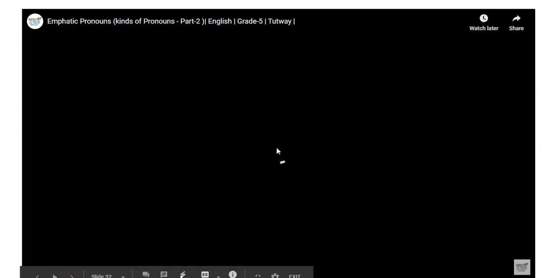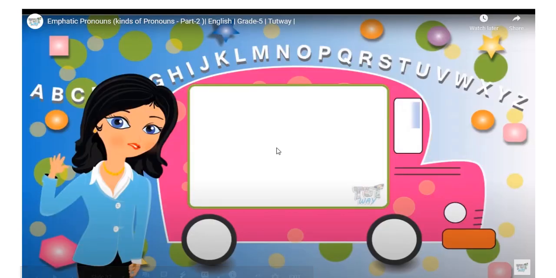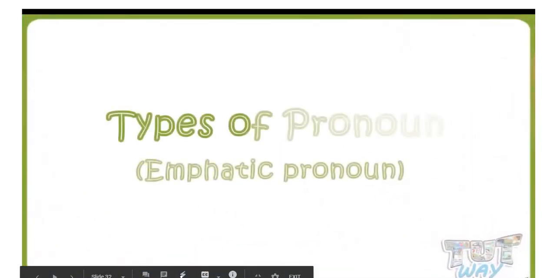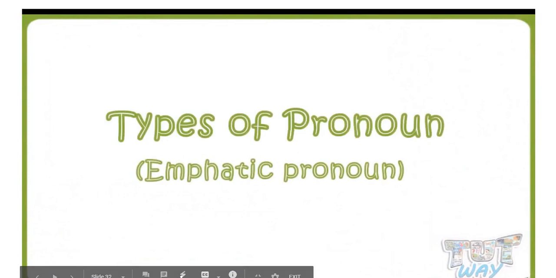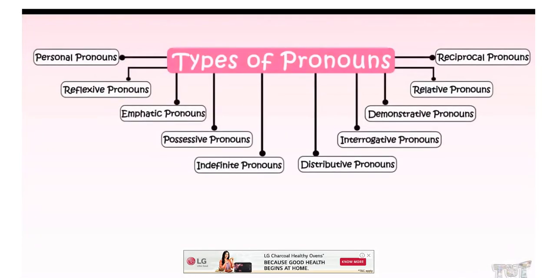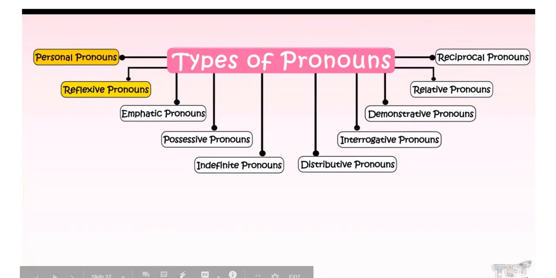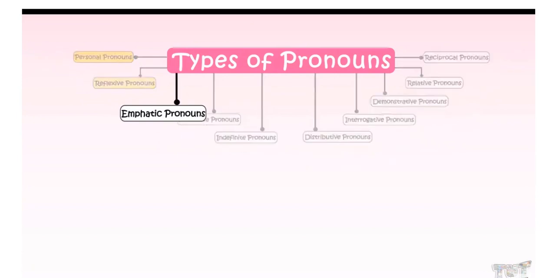Hi friends! Today we will learn more about the types of pronouns. So let's start. We have already learned that there are 10 types of pronouns, and out of them we have learned about personal and reflexive pronouns in detail in our last section. Today we will learn about emphatic pronouns.